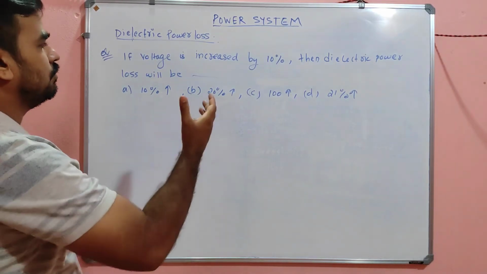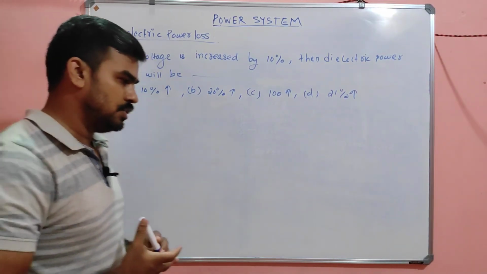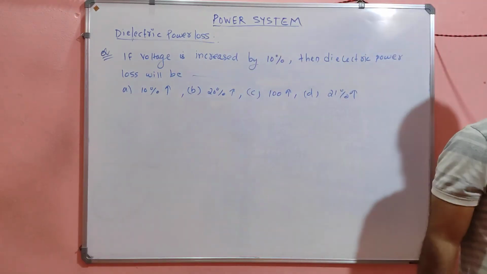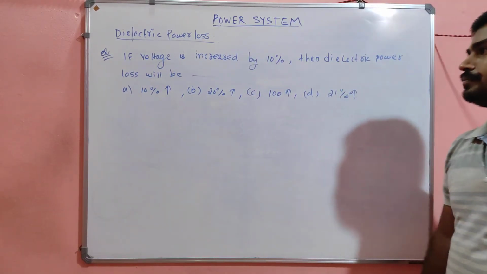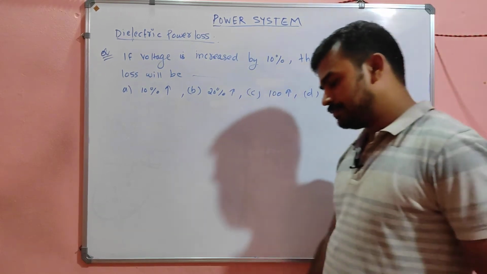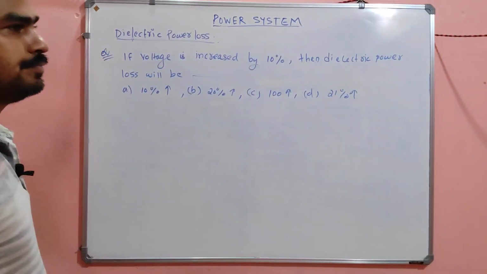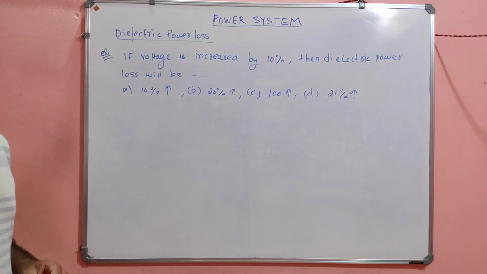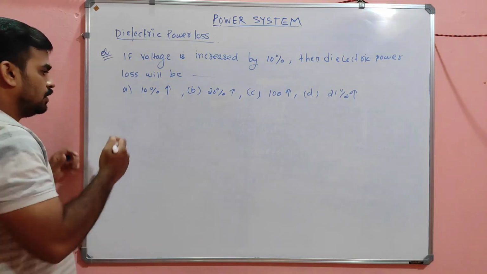So how can we solve this, my dears? Voltage is increased by 10%, then what will be the dielectric power loss? There you can apply the equation.